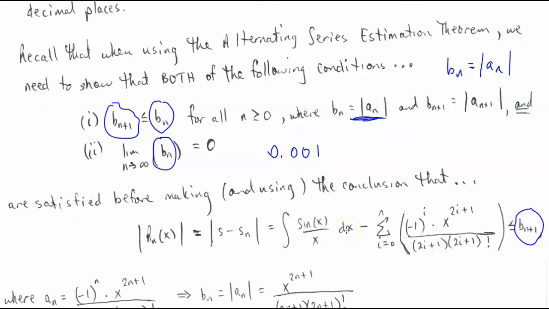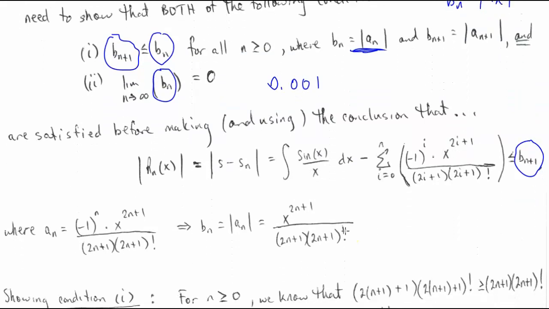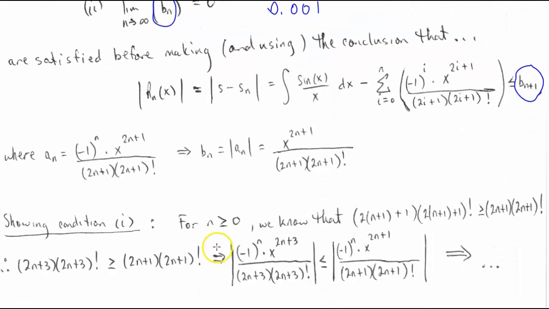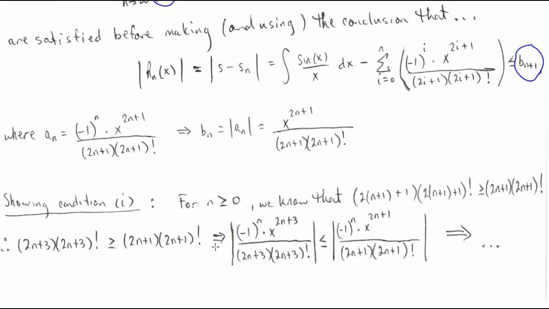So our goal here is to figure out, well, what is b sub n? And then use the b sub n to be able to figure out how many terms of this Maclaurin series representation of the antiderivative of sine x over x do we need, okay?